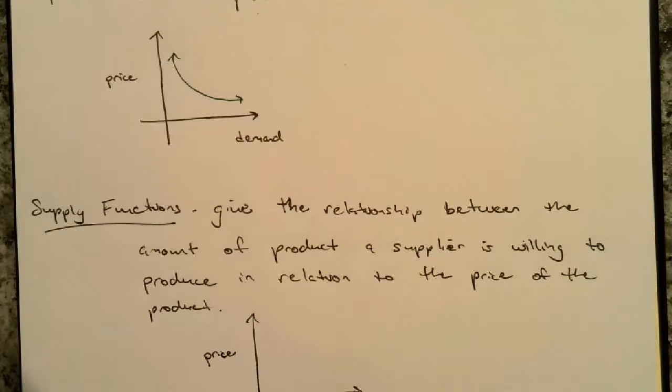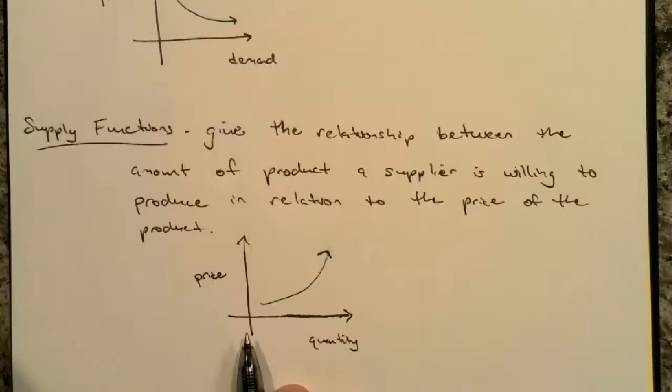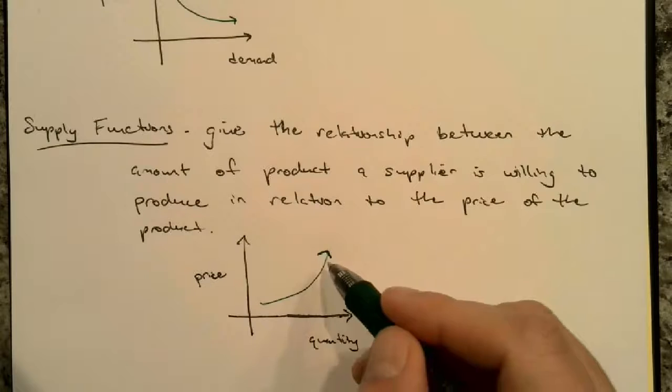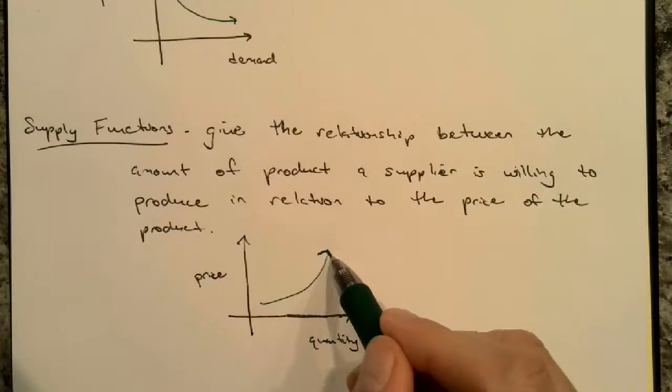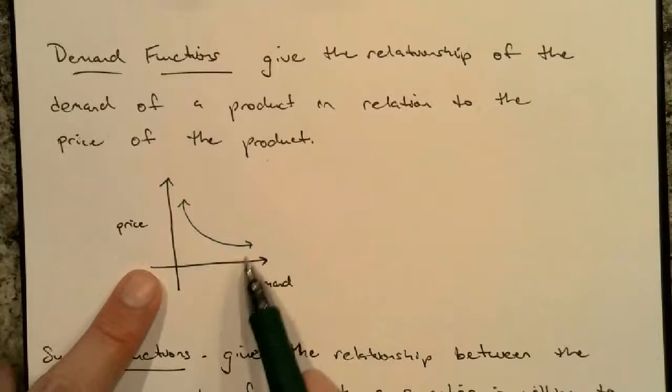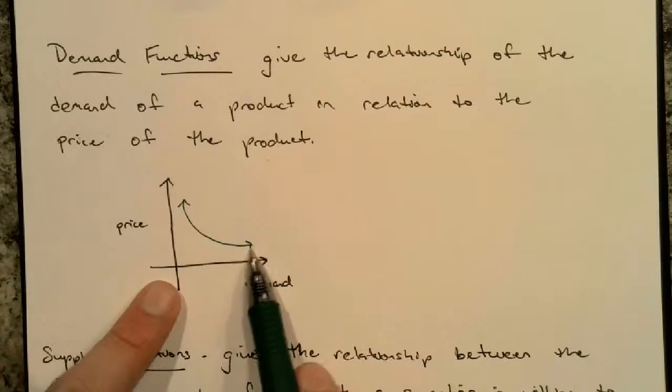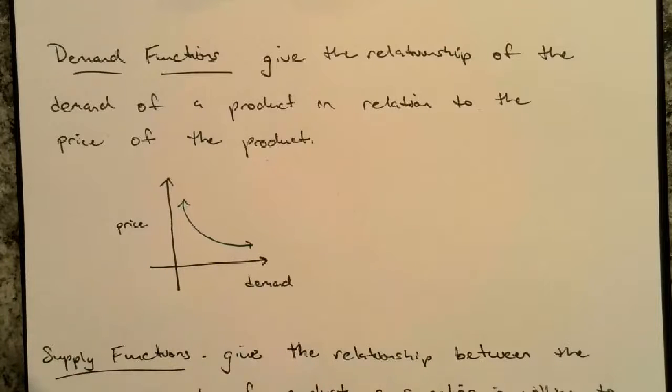And typically you'll see a curve that looks something like this. So, they want to supply a lower amount when the price is lower, and when the price of the item is higher, then they would want to increase their supply so they can make more money. For demand, the demand for a product is going up as the price is lower.